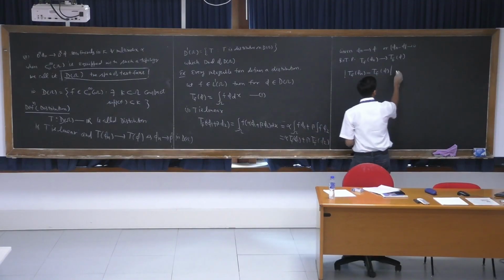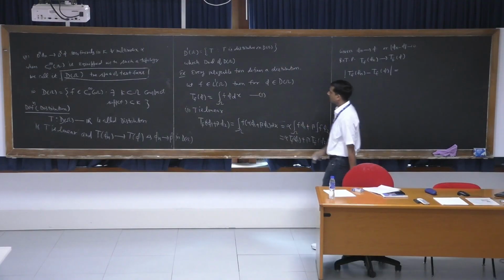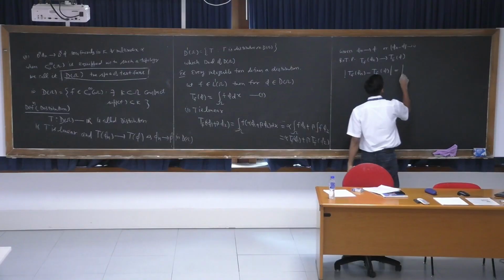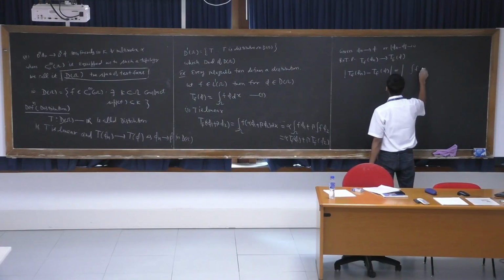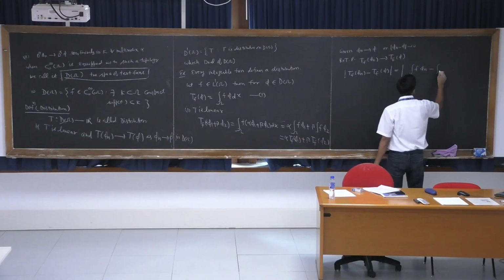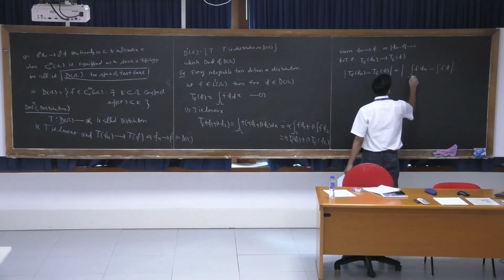Okay, so now what is this? This is equal to, applying the definition of T f, the modulus of integral f phi n minus integral f phi over omega.